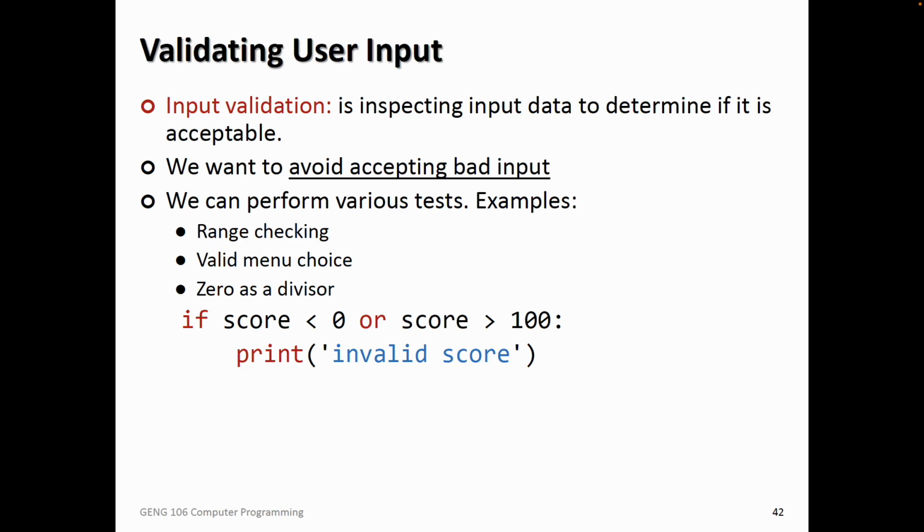Or I ask them, what is your grade score? Normally I expect it to be between 0 and 100, but maybe they enter 150 or -5. If we don't check what they're inputting, they might crash our program or provide us invalid data.